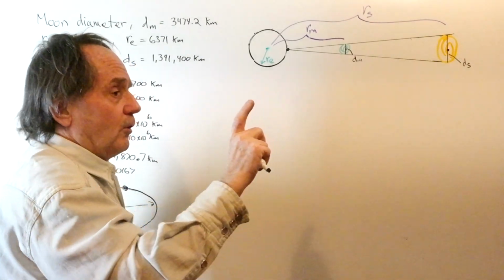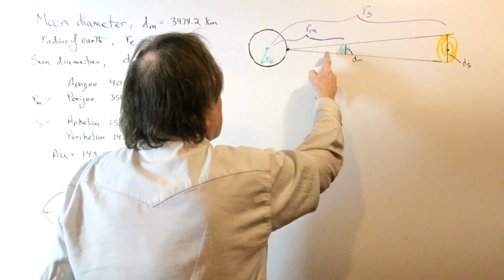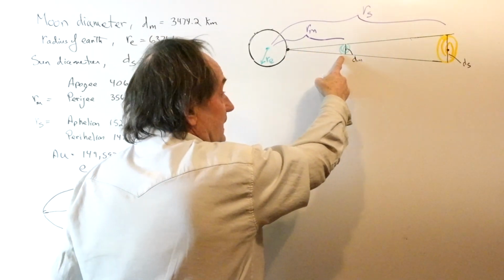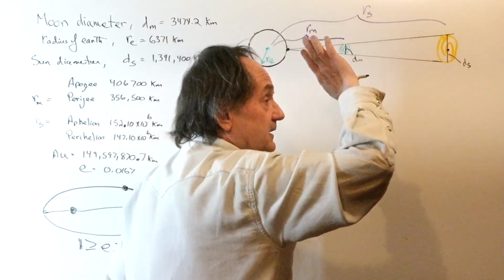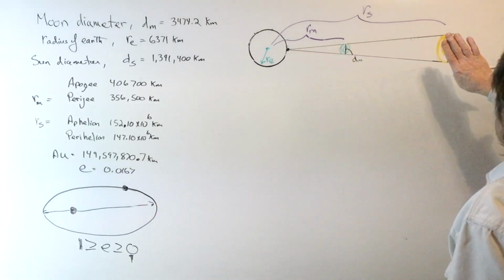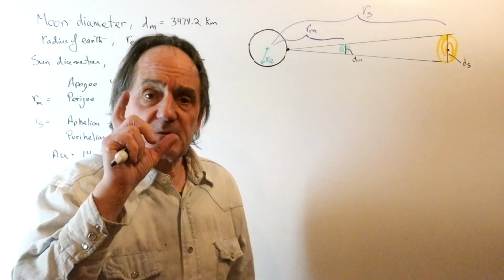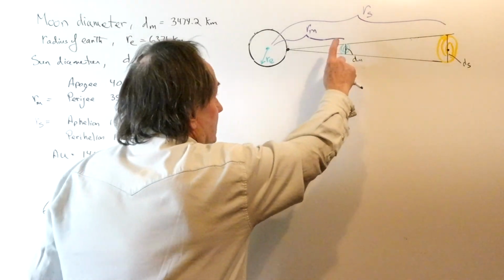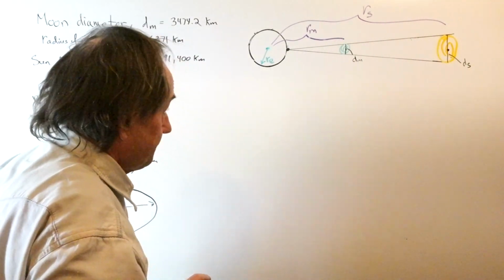The moon will appear to have its largest disk size when it is at the closest approach to the Earth, and it will cover the Sun in the maximum that it can when the Sun is furthest away. So when the moon is closest to the Earth and the Earth is furthest from the Sun is when the maximum size of the lunar disk can cover the disk of the Sun.